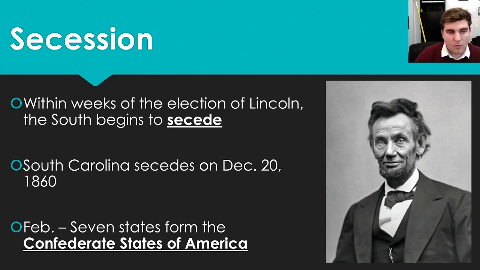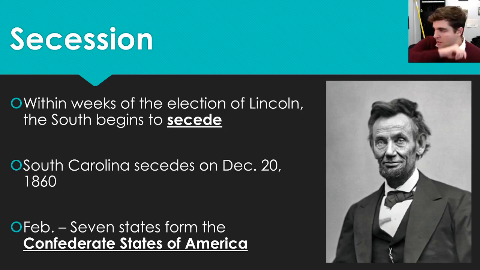So, when we last left off, we talked about the election of 1860 and how Abraham Lincoln won that election, how he was the second Republican candidate for president, the first Republican candidate to win the election, and how it was really largely his victory that led the South to secede from the Union.